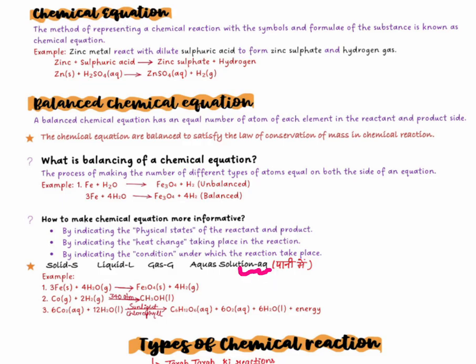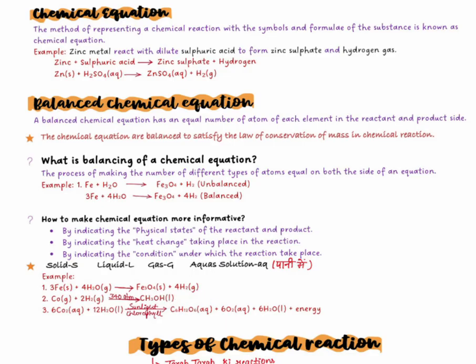So S is written for solid, L is for liquid, and gaseous is denoted by G. We have the reaction 3Fe, and we know that iron is in the solid state. 4H2O, water in vapor state, gaseous. Fe3O4 formed is solid and hydrogen is in the gaseous state. So we have written S, G, S, G for their states.